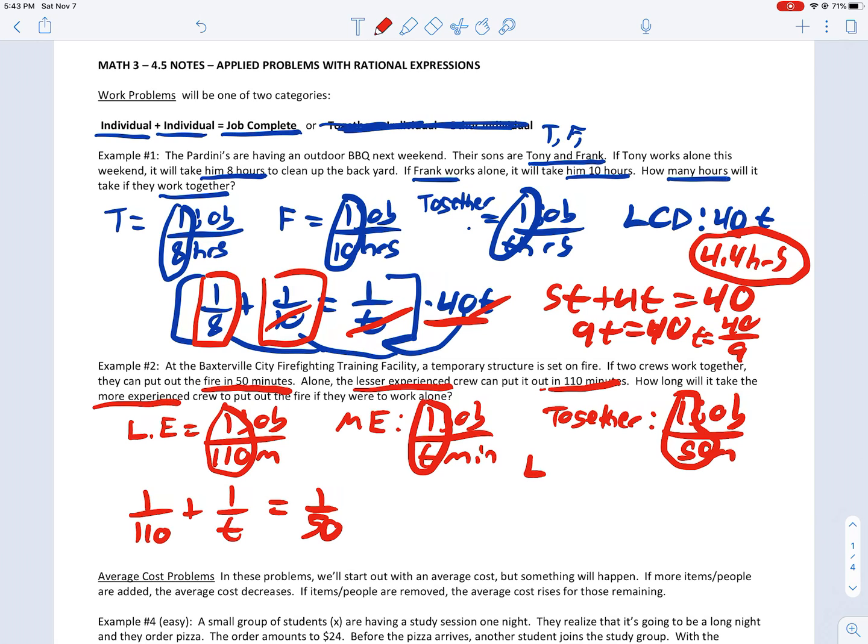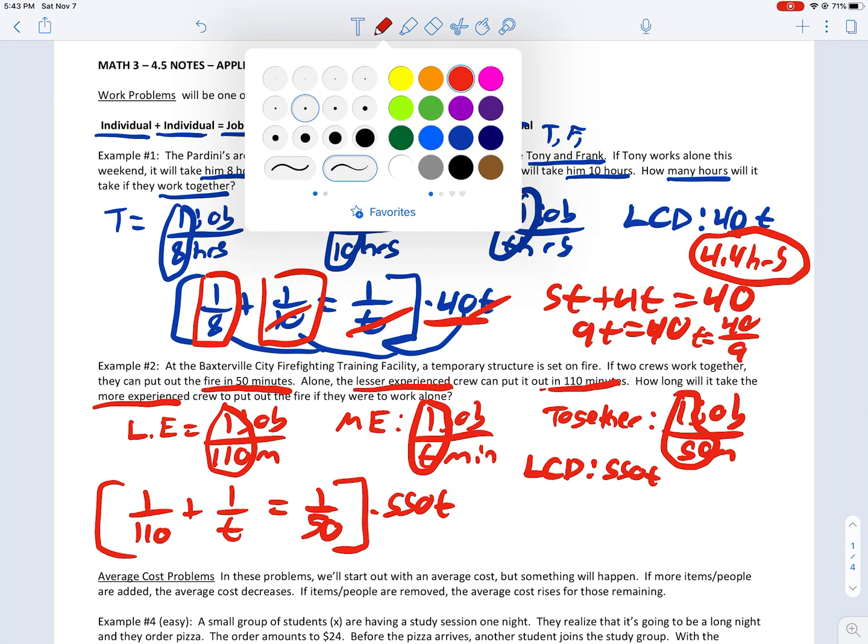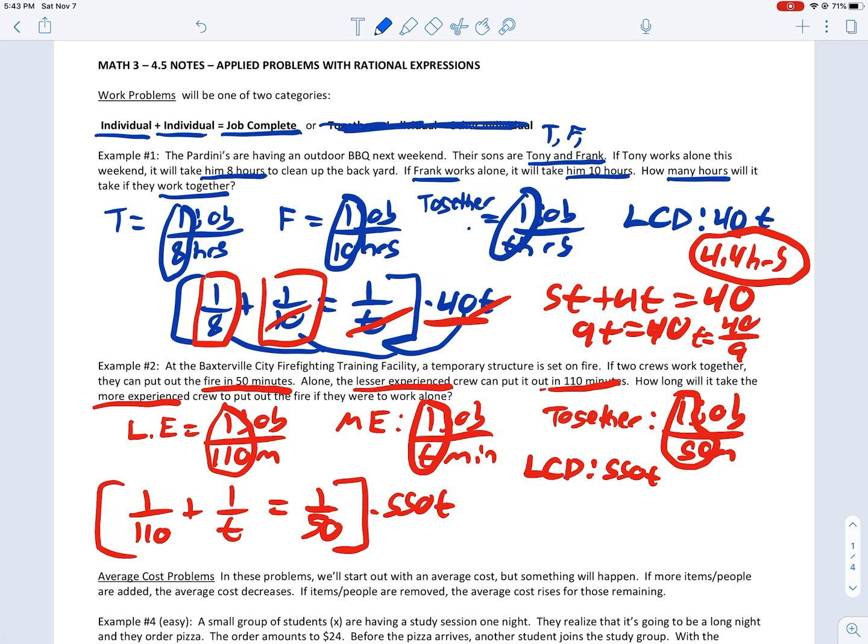So I need to find my LCD, which is actually 550t. So multiply everything by 550t. So again multiplying this by each term.